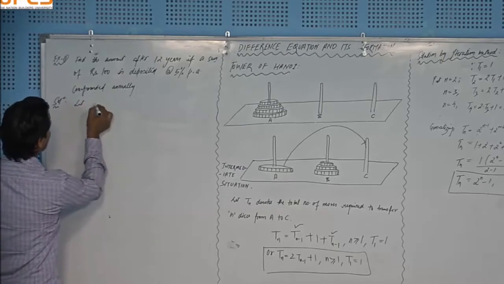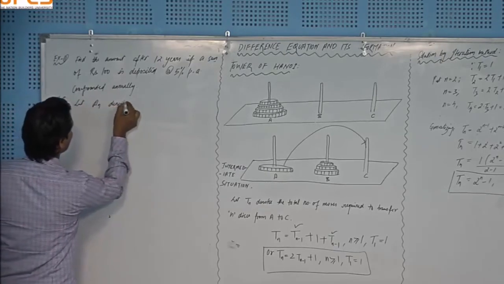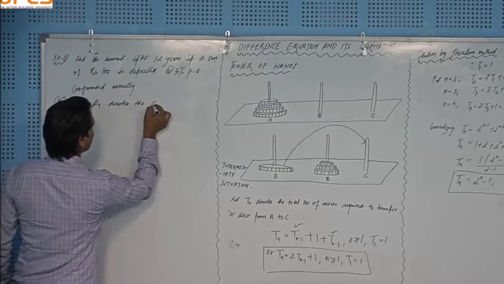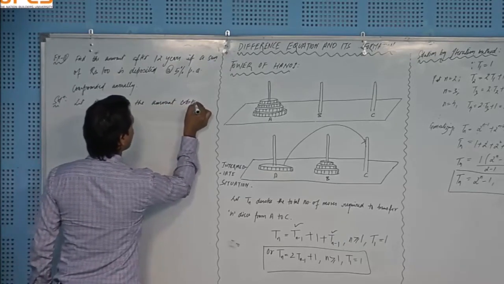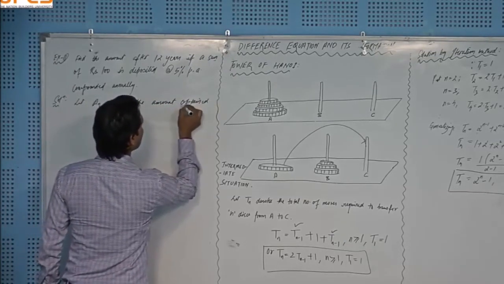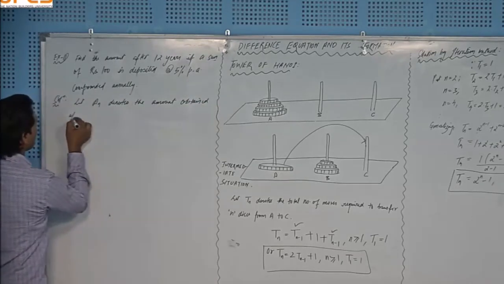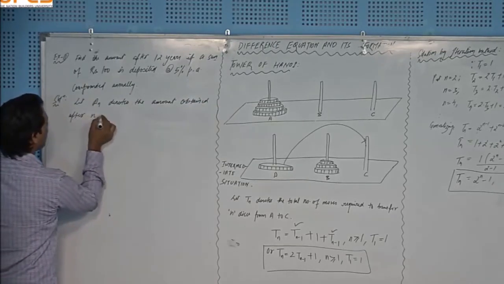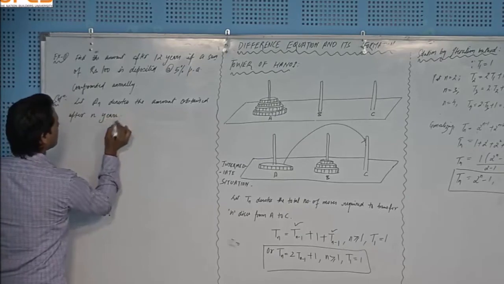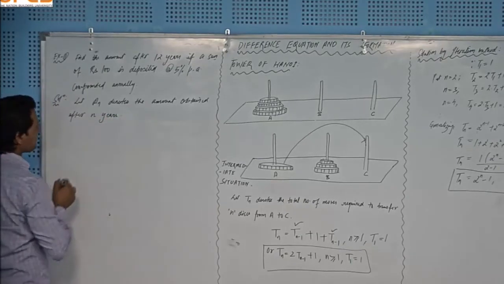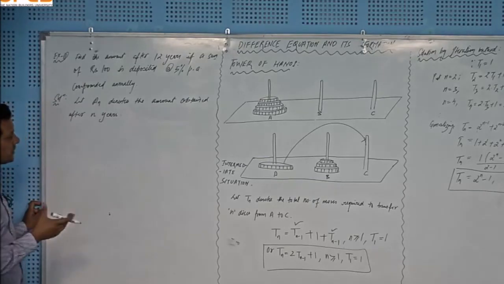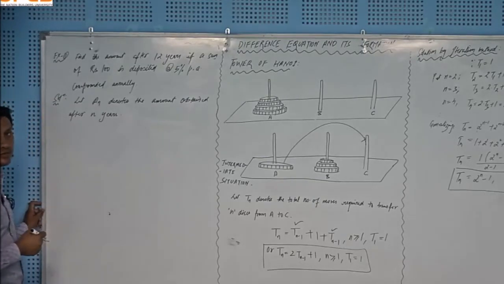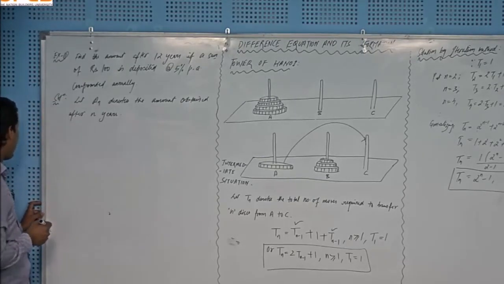And let a_n denote the amount obtained by the consumer, right, after n years, right?